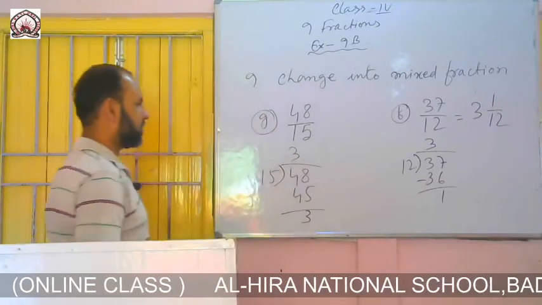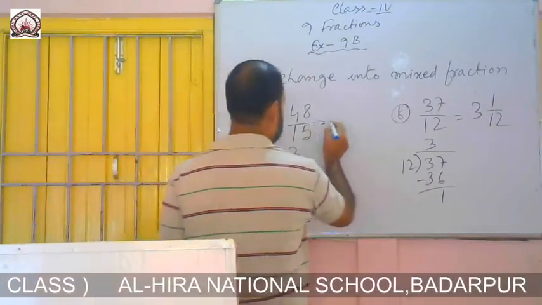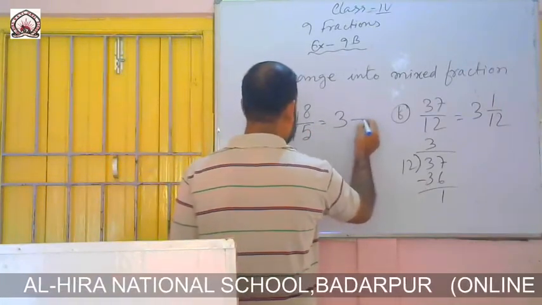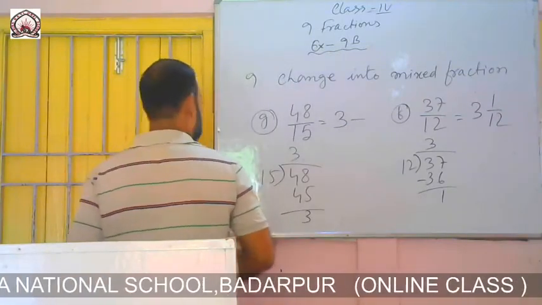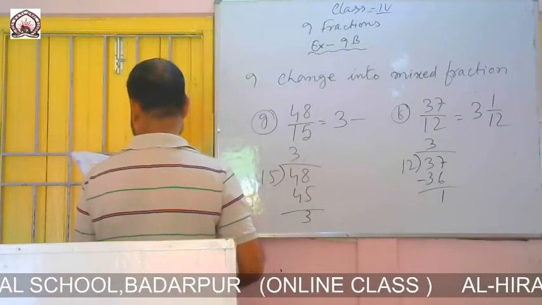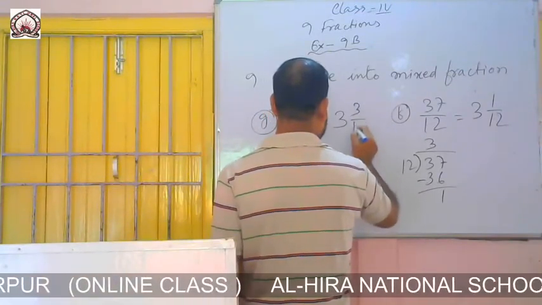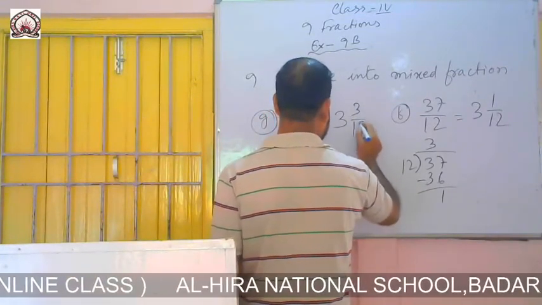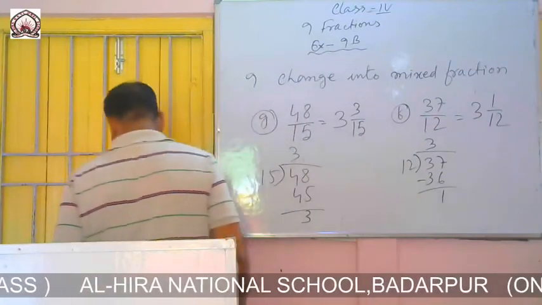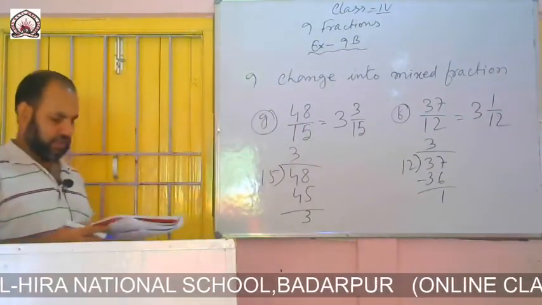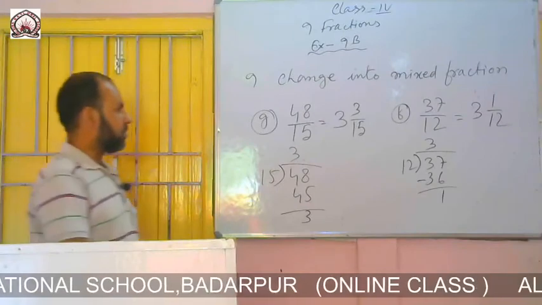So here the mixed fraction is 3 3 by 15. Next, question number 10.